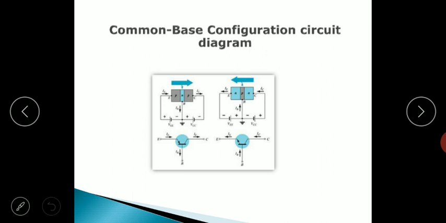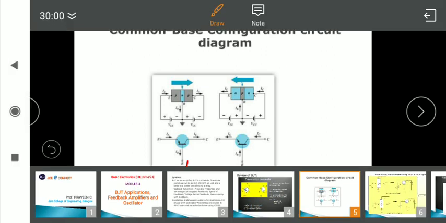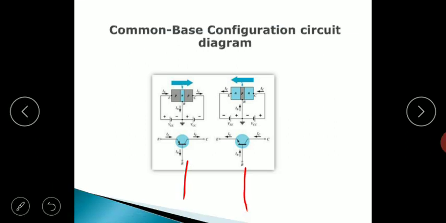In common base configuration, the base is made common for both input and output. That's why it is called common base configuration. So here you can see base is common, input is applied between emitter and base, output is taken between collector and base.